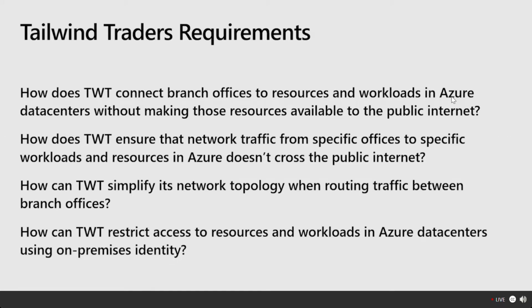And last but not least, how can Tailwind Traders restrict access to resources and workloads inside their Azure data centers using their on-premises identities? They've got a significant amount of investment in capital in the user accounts and identities that they've been building up on-prem over time. So they want to keep using that, and they may have specific line of business applications that require that kind of identity to be used to authenticate into the applications.